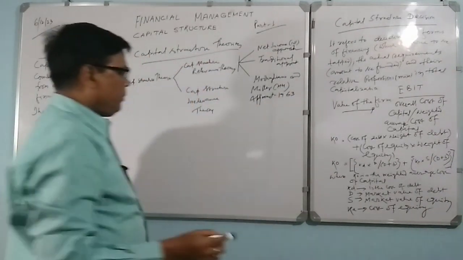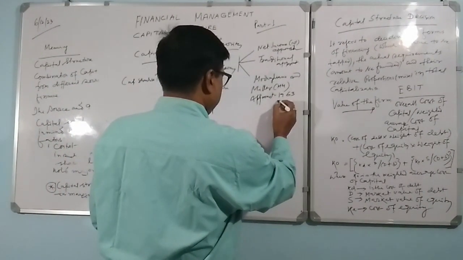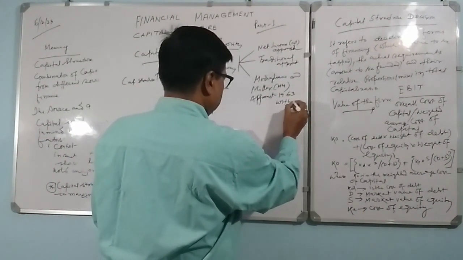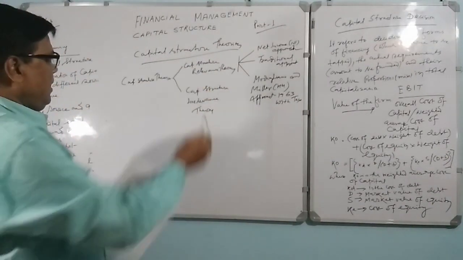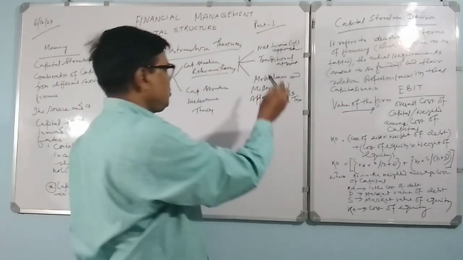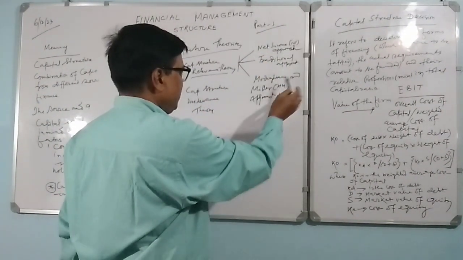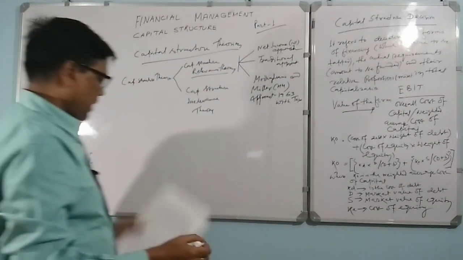For this hypothesis, the Modigliani Miller approach, one is with tax, another is without tax. So here, capital structure relevance theory has the net income NI approach, traditional approach, and Modigliani and Miller approach 1963 with tax.